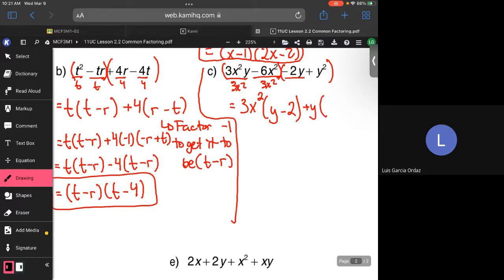I'm going to divide each one by y. What's negative 2y divided by y? Negative 2. And y squared divided by y? Plus y. Are my brackets the same? Yes. Why are they the same? Yep. My y is positive and my 2 is negative, so it's the same thing as saying y minus 2.